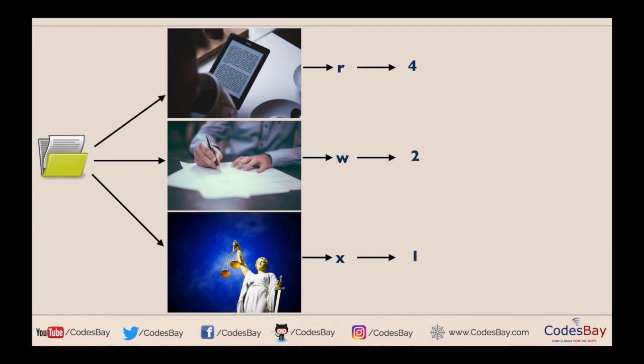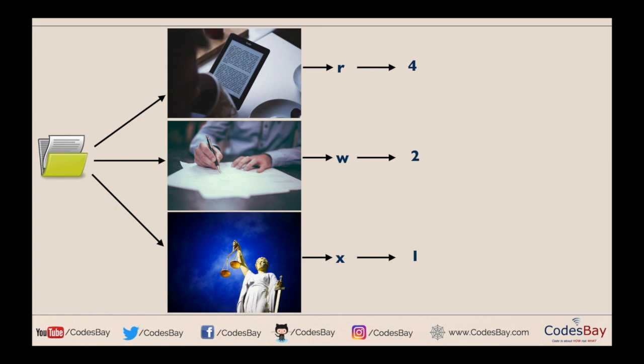So when you say rw, you are giving reading and writing permission. When you give wx, you are giving writing and executing permission. When you give r or x, you are giving reading or executing permission.